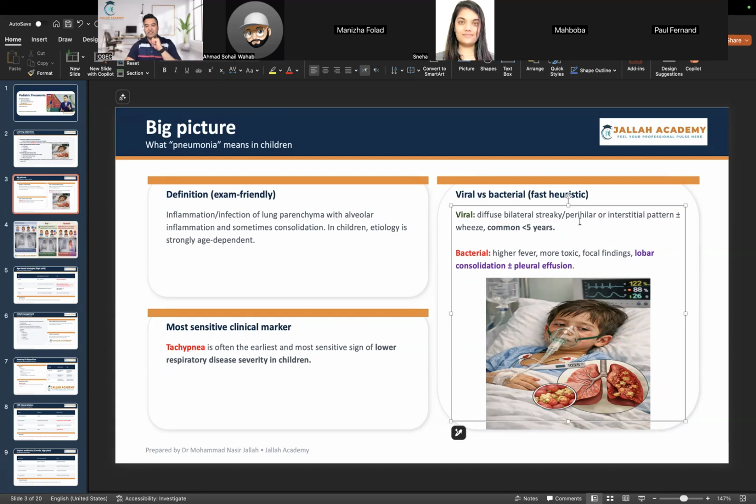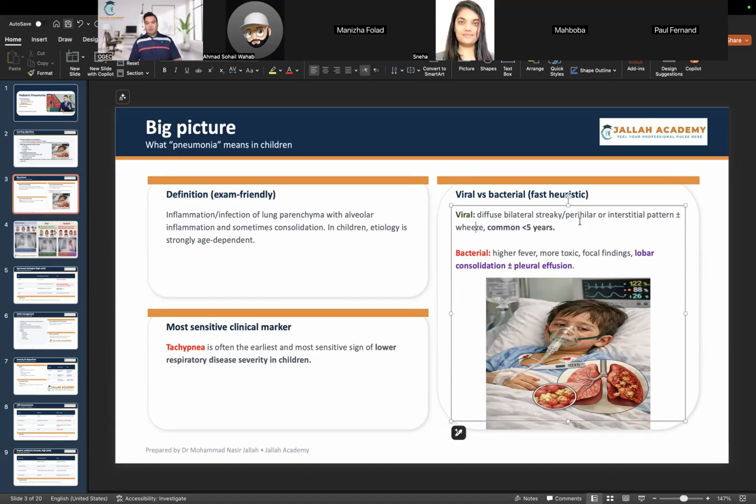So usually if they give you a scenario about a kid who is less than 5 years of age and has signs and symptoms of pneumonia, but when you do the X-ray, you find a diffuse bilateral streaky or perihilar or interstitial pattern, and the patient has wheezing, think about viral. So you don't have to bombard the patient with antibiotics, okay?